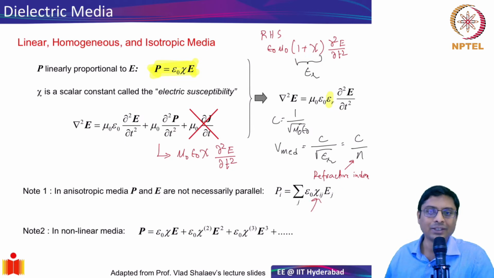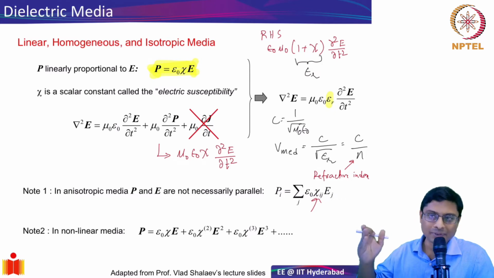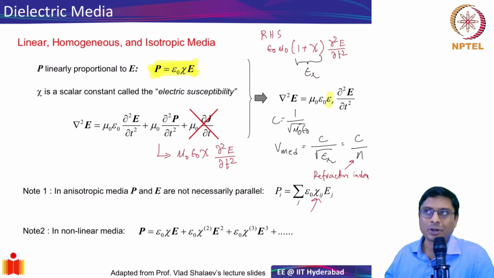In the previous case, the susceptibility was a number. But when you have an anisotropic medium, we have to consider what is known as a tensor. You have a scalar, which is a simple number, a vector, which is an array of numbers, and then the higher form of that is a tensor, which is basically two-dimensional, a matrix. That's why I represent it with indices i j. So it's a matrix of susceptibility numbers in various directions.